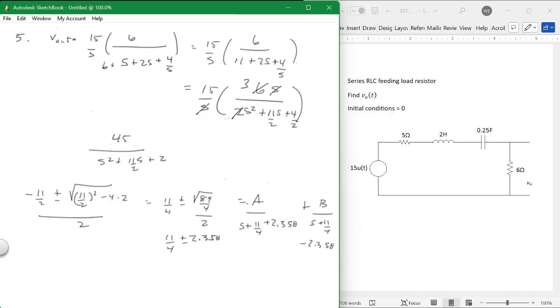So 45 is equal to this right there, and your final answers are whatever they are. So now you've got A, you got 45 is equal to A times 0.392 plus B times 5.108.